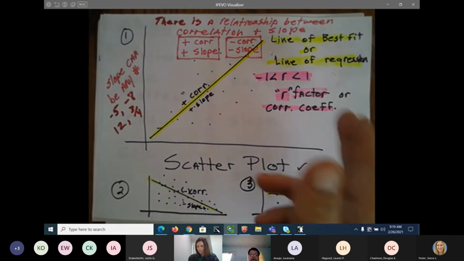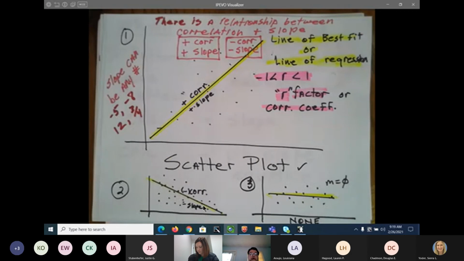And I've already given you all this. Now, when you draw a scatter plot, the first thing they're going to ask you to do is find the line of best fit or the line of regression. And that is a line that's drawn through the points, and it is a straight line.